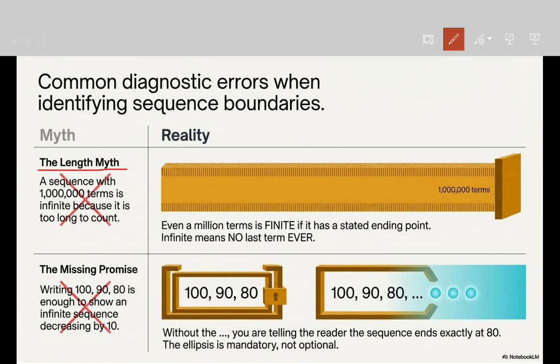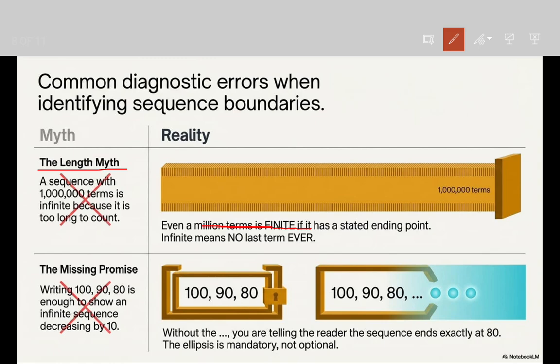No. It doesn't matter how many terms, as long as we know the end term, it is finite. Even 1,000,000 terms is finite if it has a stated endpoint.